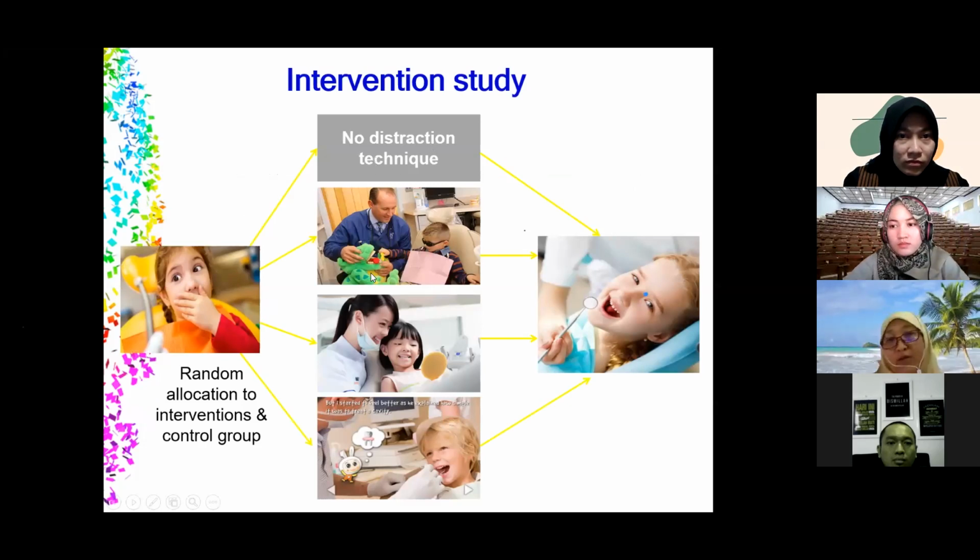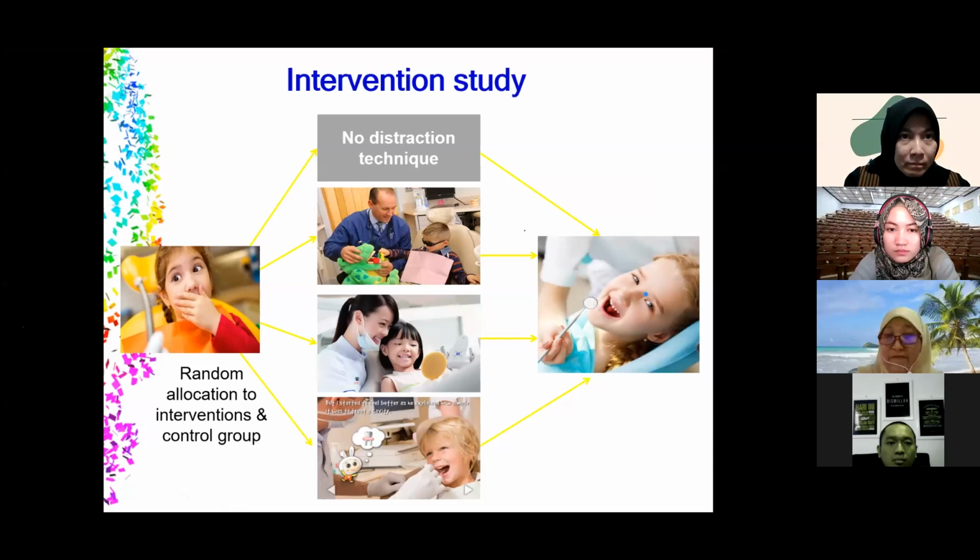You may want to try puppet, or you want to use a mirror, or you want to use storytelling method. Then you want to see which method actually reduce dental anxiety more. Then this one, if you read a paper like this, where they are testing some method or introducing new drug, then if they use intervention study, good, you can proceed to read the paper.